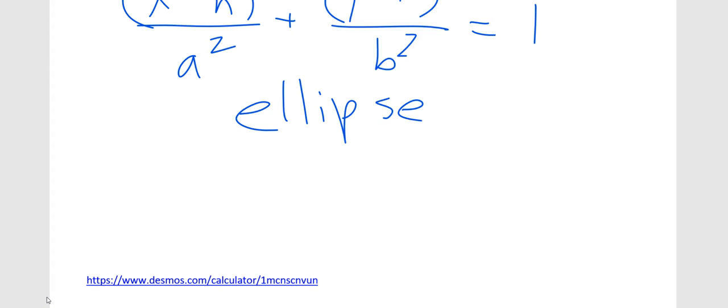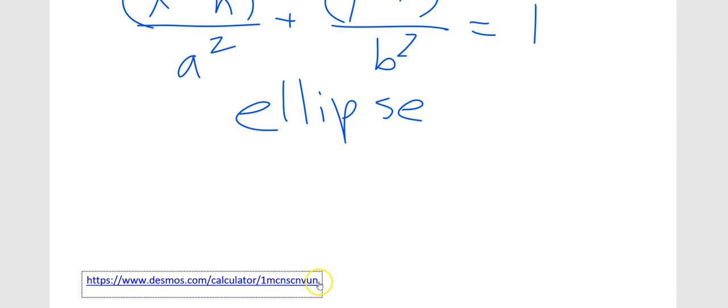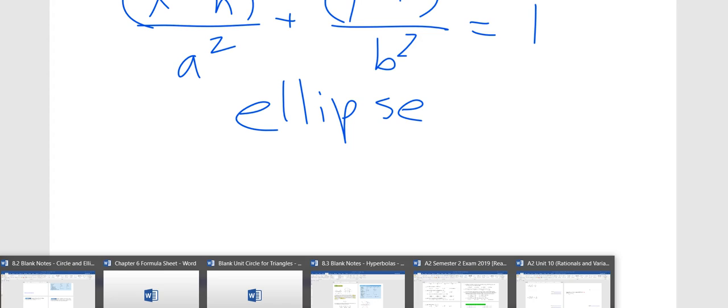That website right there, I would like you to go to it. I don't know that you can get to it from here. Can we get to it from here? Let's stay here. I'm just going to copy it. Oh, I'm going to have to go back to this document over here. My 8.2 notes. Where's my 8.2 notes?